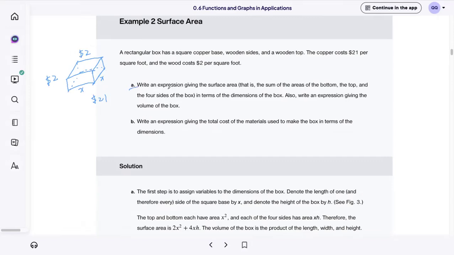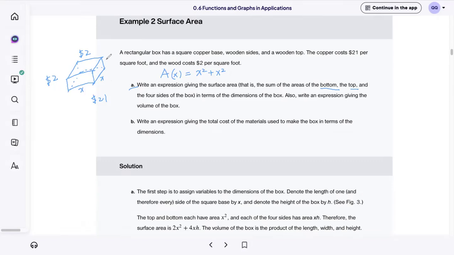So write an expression giving the surface area. The surface area means the area of all sides. Let's still use A of x, in terms of this x. So I have top and bottom. The bottom is x times x, x squared. The top is the same, also x squared. And the four sides are the same.